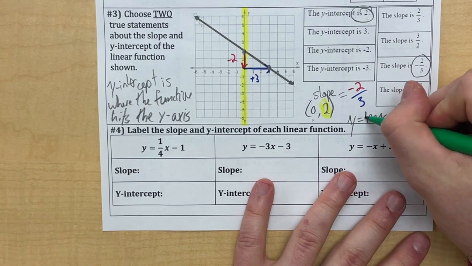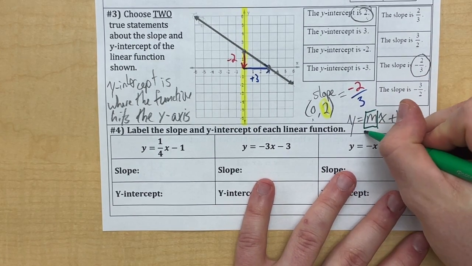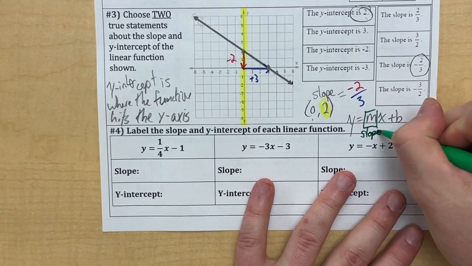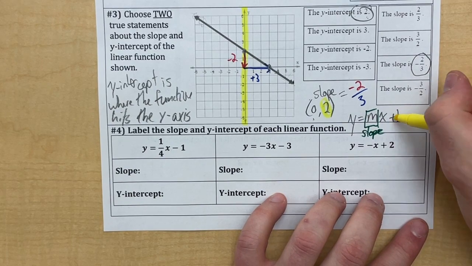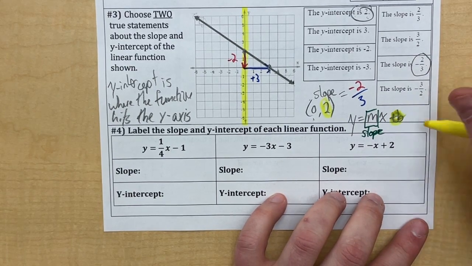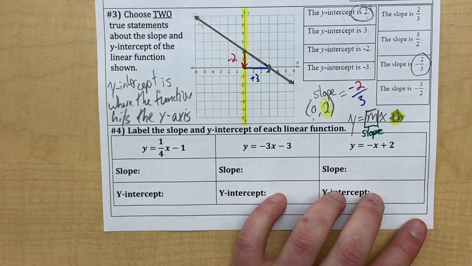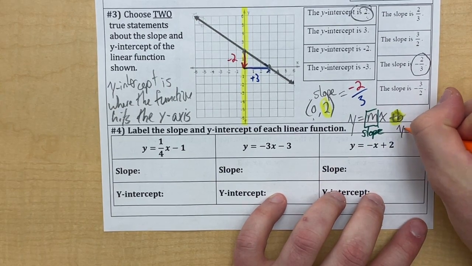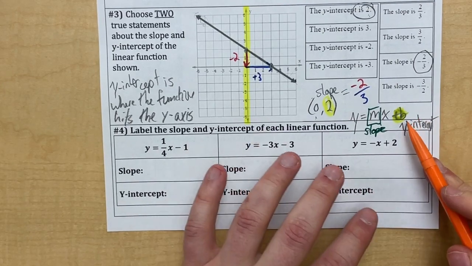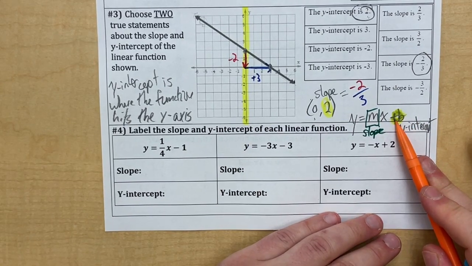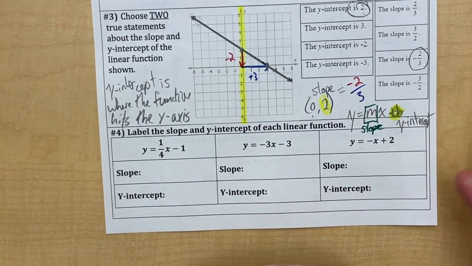So we're going to say our slope is m. Whatever value is attached to your variable x is going to be your slope. And then we're going to say our y-intercept is this entire amount, b. So whatever that value is, if it's minus or if it's plus, you have to include that entire amount.